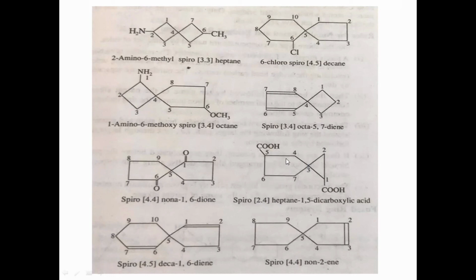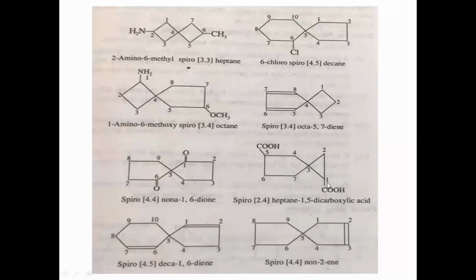Then you will count the number of the parent alkane. So you will start from here. 1, 2, 3. Okay. While counting the number of carbon atoms in the alkane, you will count this Spiro carbon atom also.